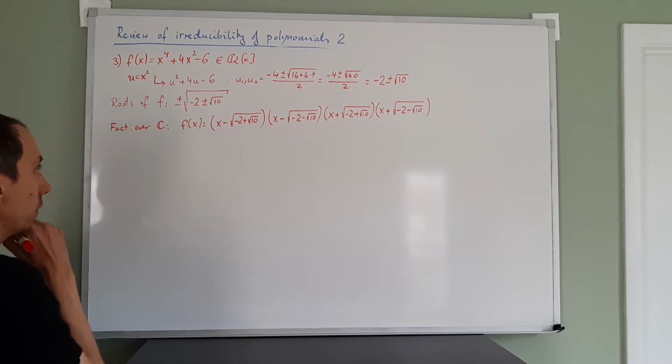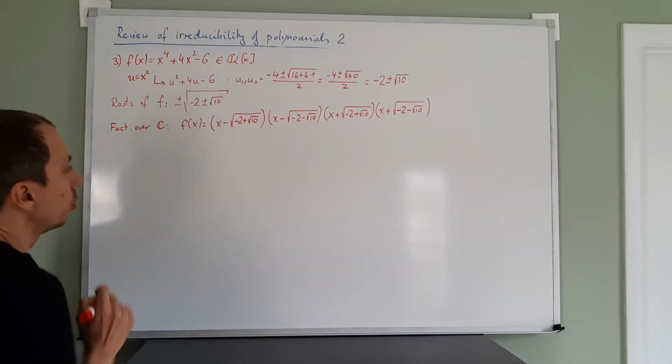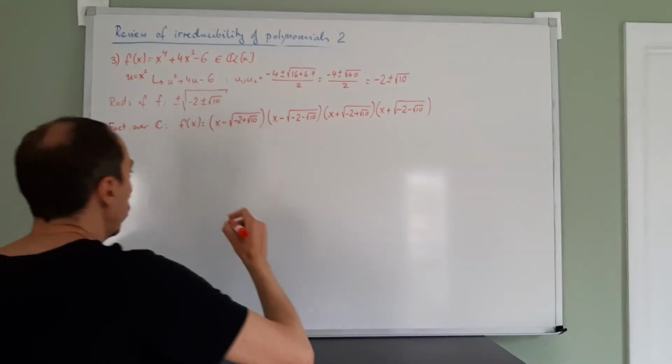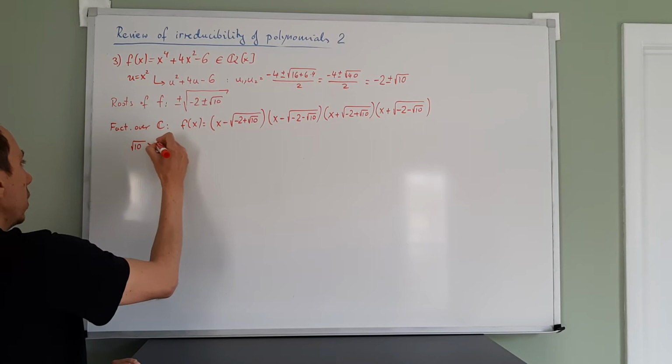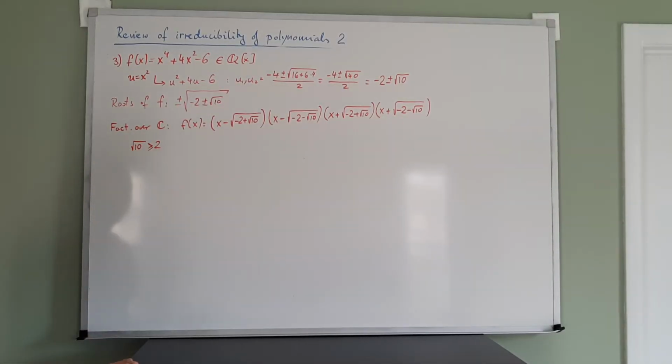What about the reals then? I look at the roots, and I want to see which of them are real roots. The important thing here is that radical 10 is greater than 2. In fact, greater than or equal is only what I care about, but it's actually greater.